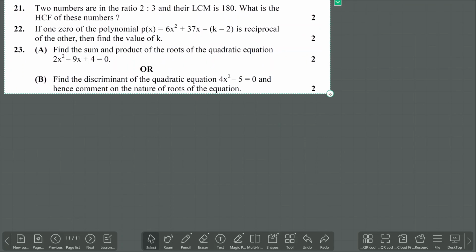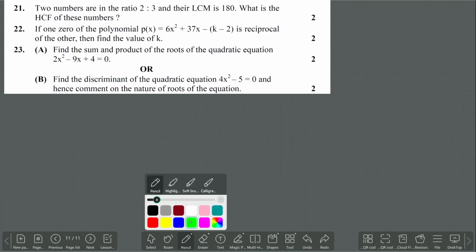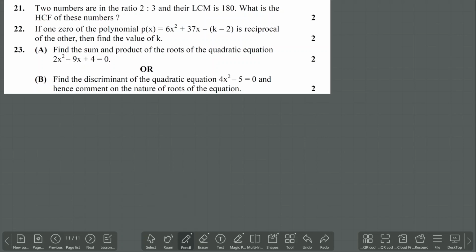See children, here. Guys, listen. Here, two numbers are in the ratio 2:3. Two numbers they have given are in the ratio 2:3. So for question 21, I am taking let x be any number.